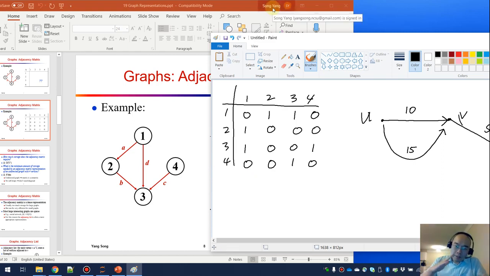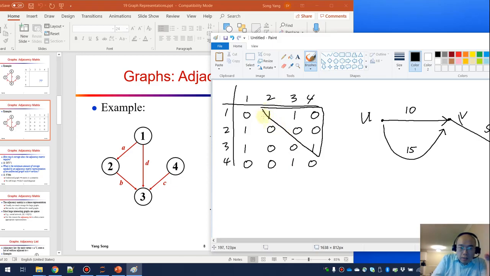So in this case, the first observation is that it is a symmetric matrix. If we want to store this matrix, we only need to store either this part or this part, right?